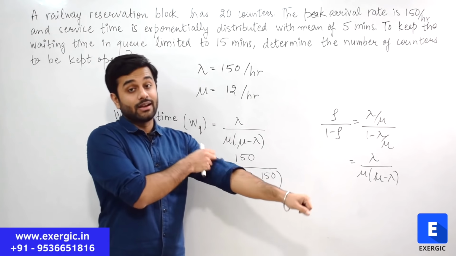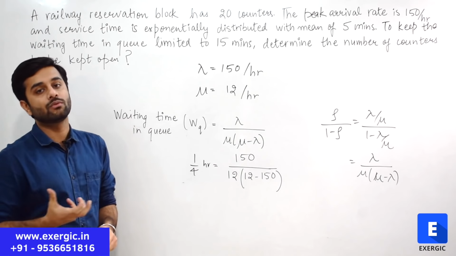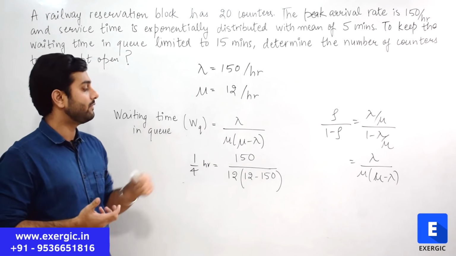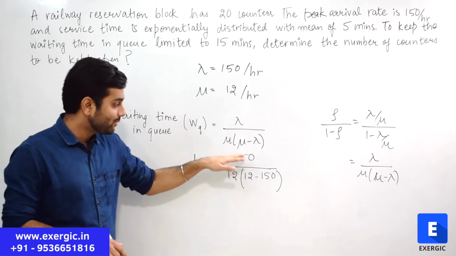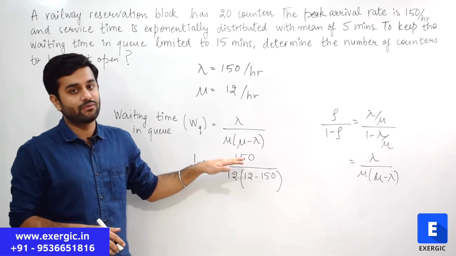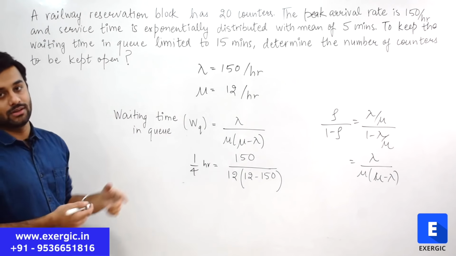Now comes another interesting part. In this expression, many of you would want to put the value of lambda as 150. But if you do that, what are you calculating? How can you calculate the number of counters?